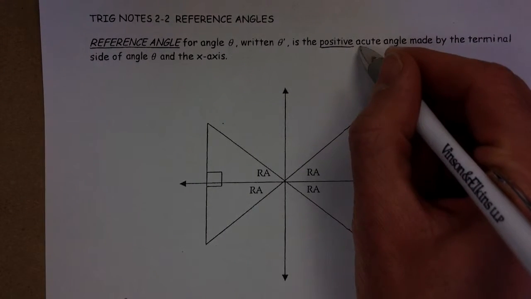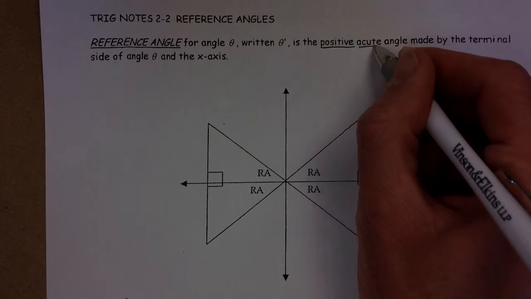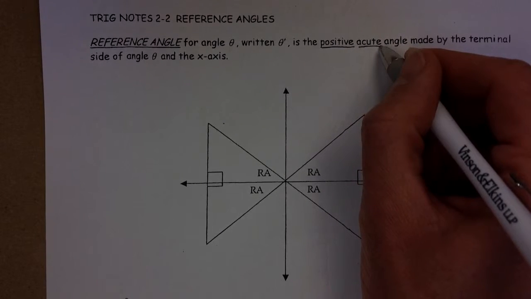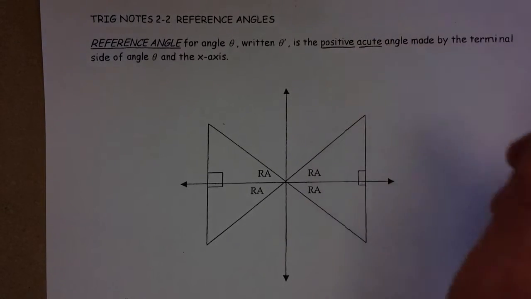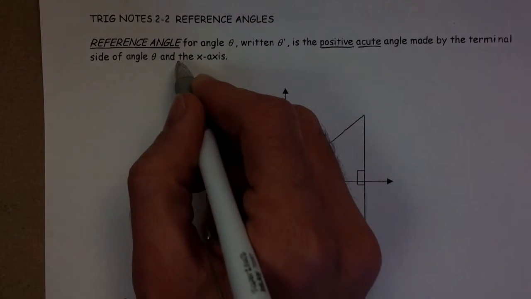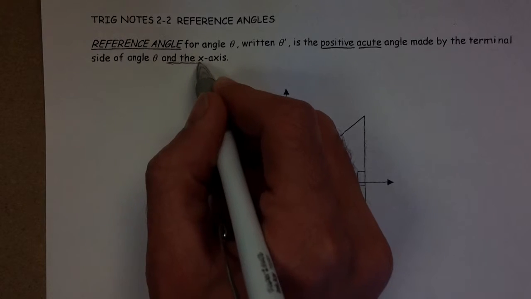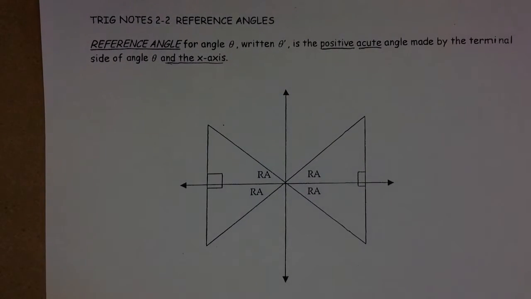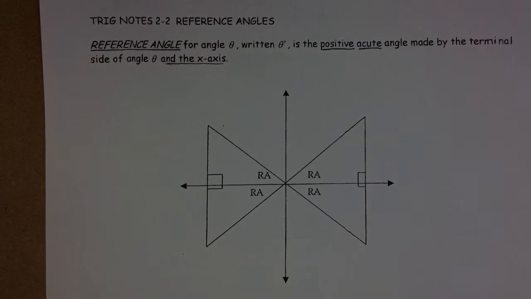You need to know that it's always acute, so it's never going to be greater than 90 degrees. The other key thing I would say is that it's always with respect to the x-axis, never the y. That's a common mistake I see every year teaching this course. When I ask students to find the reference angle, sometimes they will refer it to the y-axis. It's never. It's always to the x.